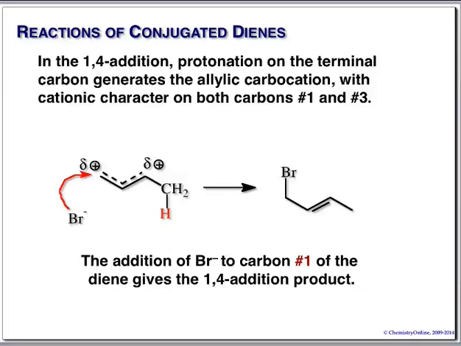So the reason we get 1,4 and 1,2 is the intermediate that you form is resonance stabilized. That means it has positive character at least 2 carbons along the chain. Addition here is 1,2, addition here is 1,4.